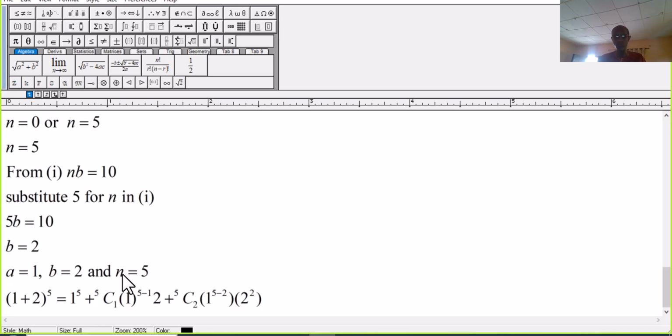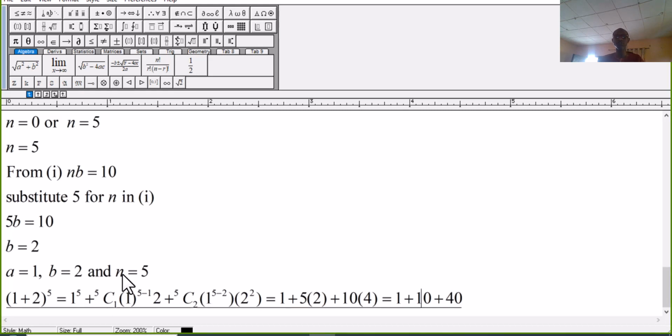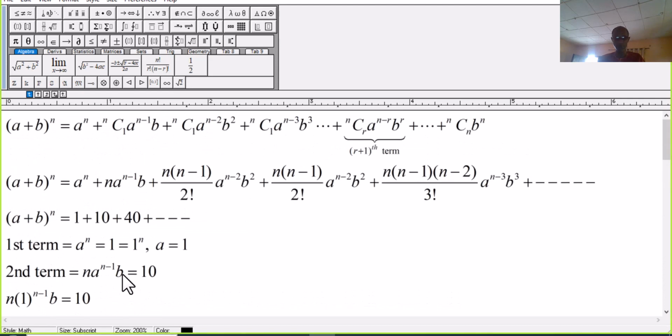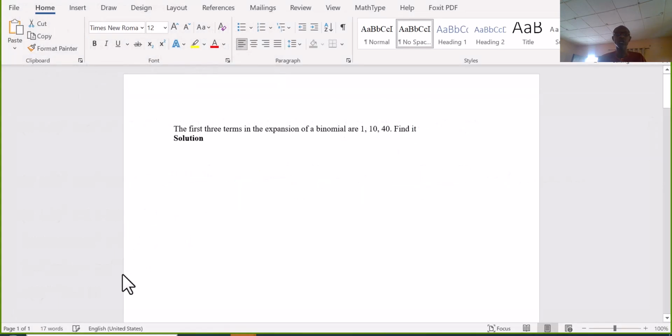So let's see what that gives us. This is 1, 5 combination 1 will be 5 into 2, plus 5 combination 2 will give you 10, then 4. So you have 1 plus 10 plus 40. So you can see that the first term is 1, the second term is 10, and the third term is 40. So that's how to go about this particular binomial question we are asked to find.